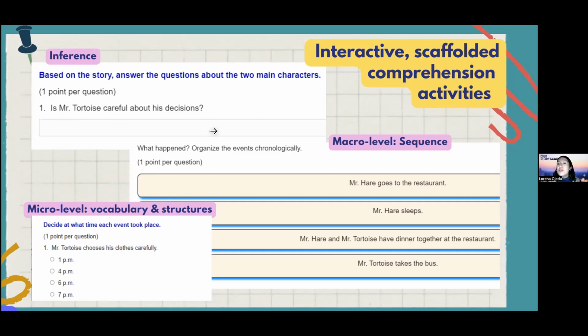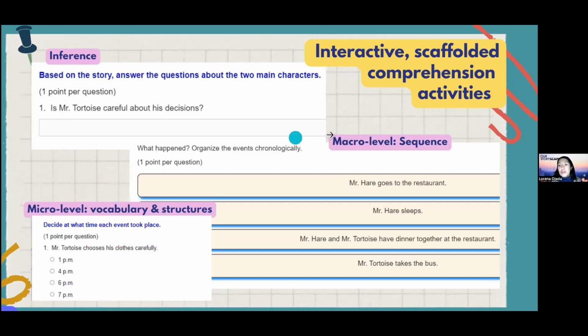So students don't really have to read, but they have to read between the lines based on the attitudes and the behavior of the characters. And so this is another way to approach the story, okay?